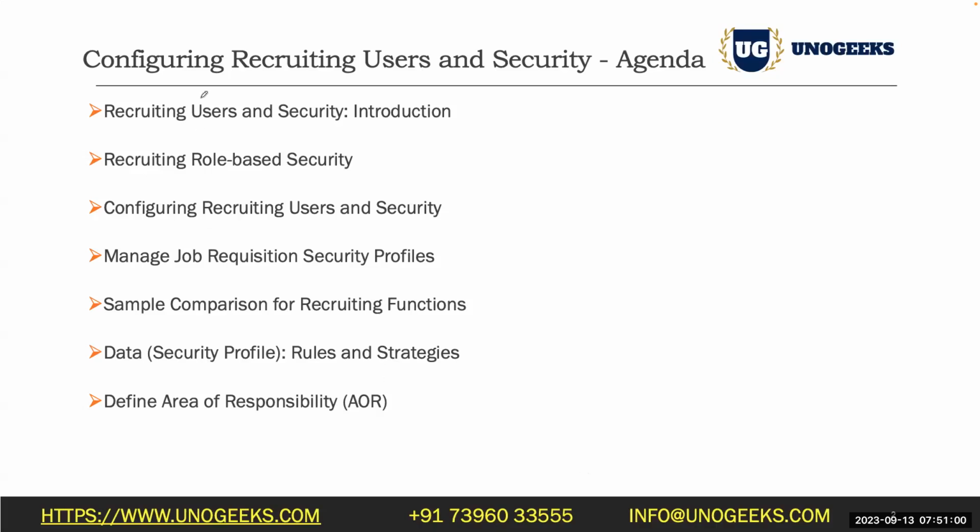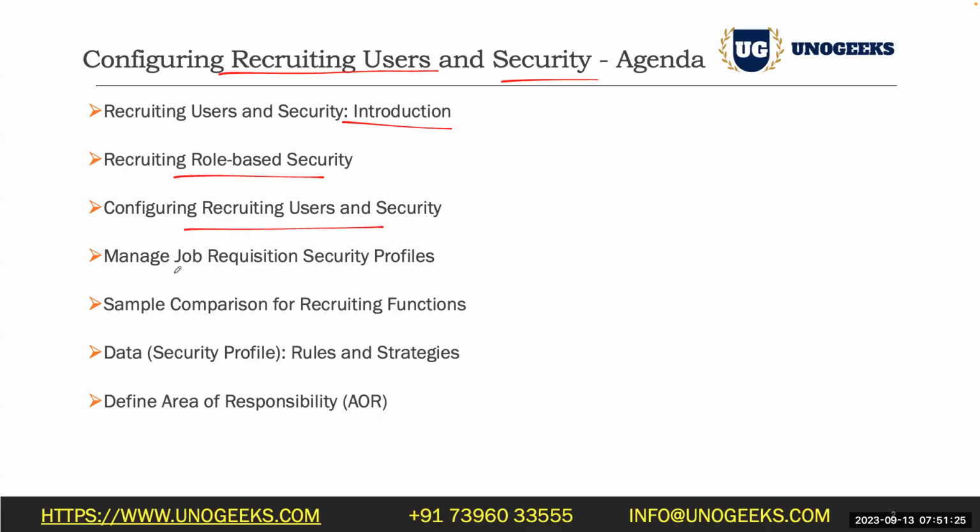So the next topic which we have is configuring recruiting users and securities. As part of it, first we'll have a quick introduction about the different users and securities which we have, and then we'll talk about the recruiting role-based securities. What are the roles we have? What are all the privileges which we have? Then we will see how to configure recruiting users and security.